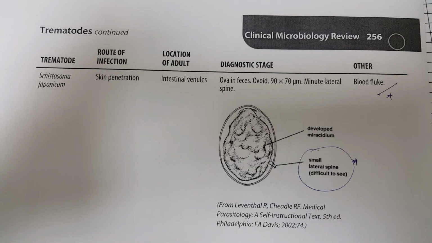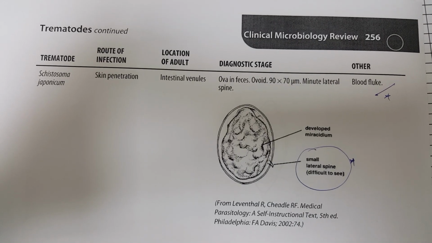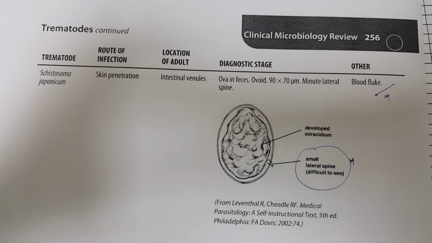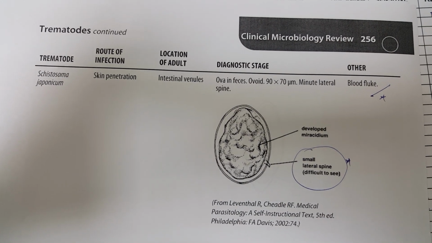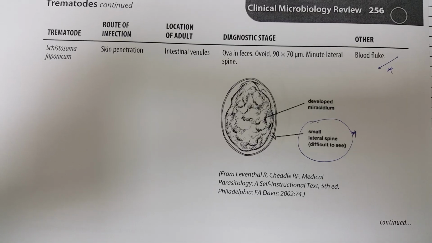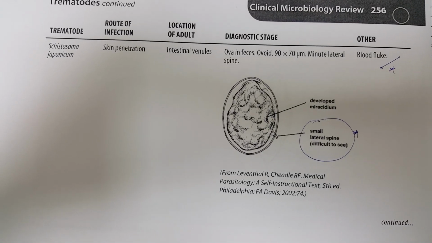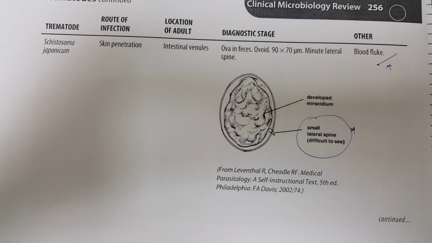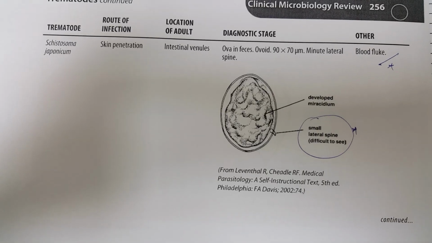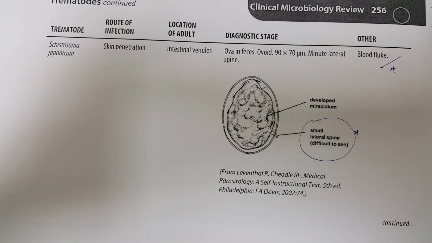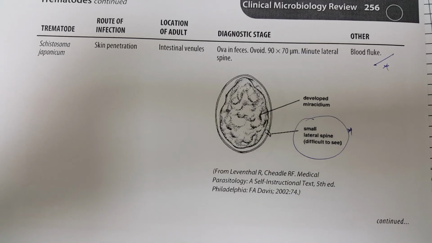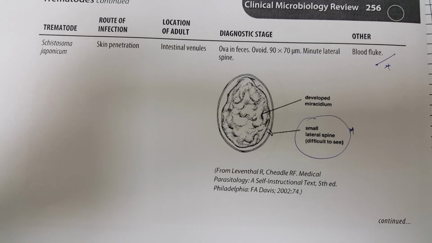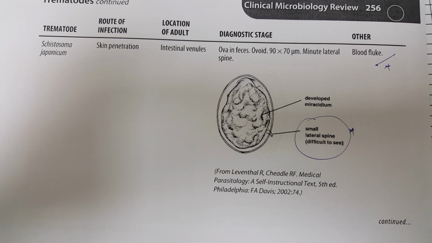Schistosoma japonicum is also acquired through skin penetration, and the intestinal venules are the location of the adult worm, just like Schistosoma mansoni. The ova in the feces have a minute lateral spine, which is difficult to see, and the developing miracidium is inside the egg.